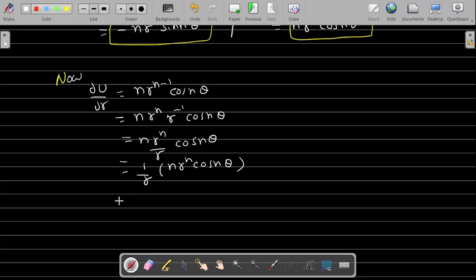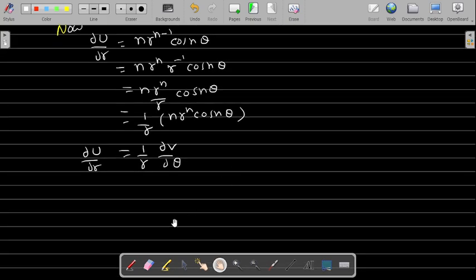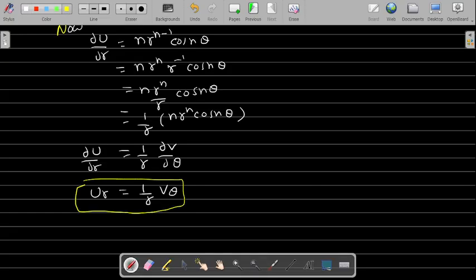So therefore it is 1 by r dou v by dou theta. What is the left side? Dou u by dou r. So that is u_r equal to 1 by r v_theta. So the first CR equation is satisfied.